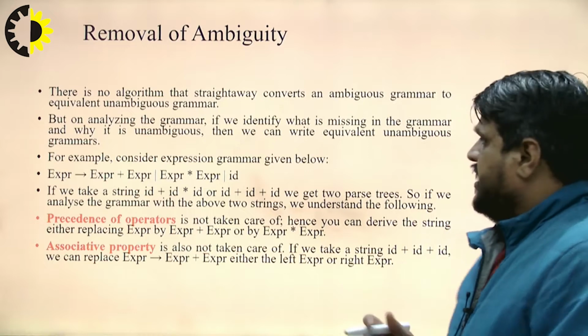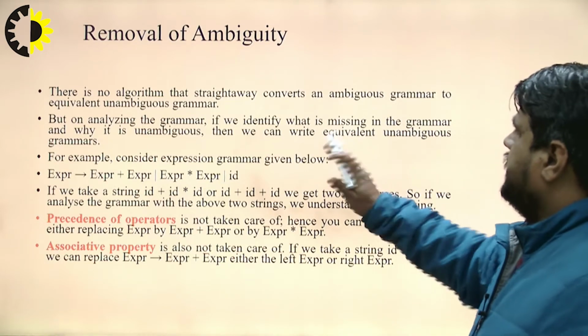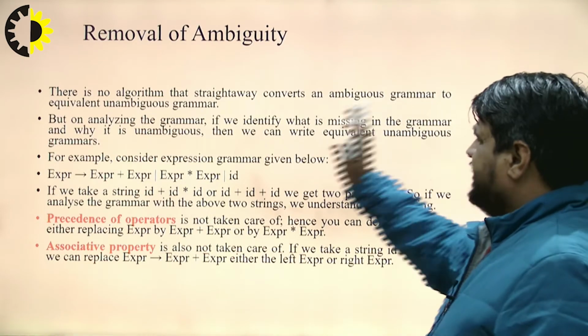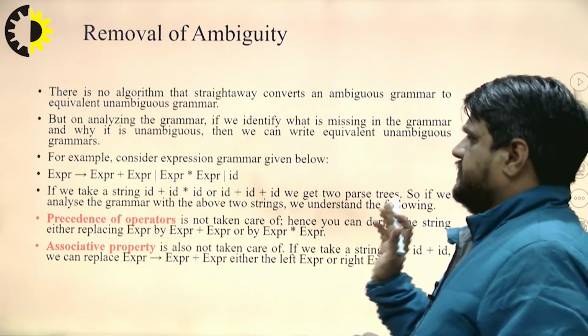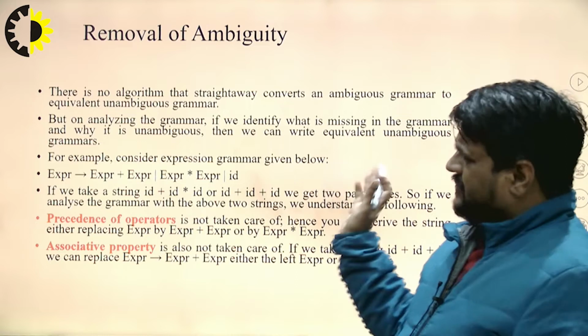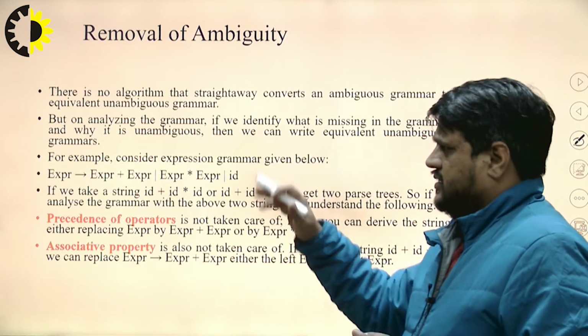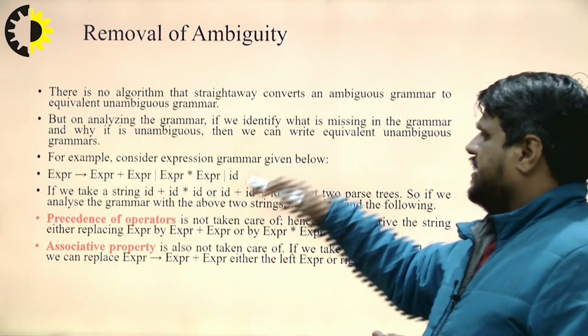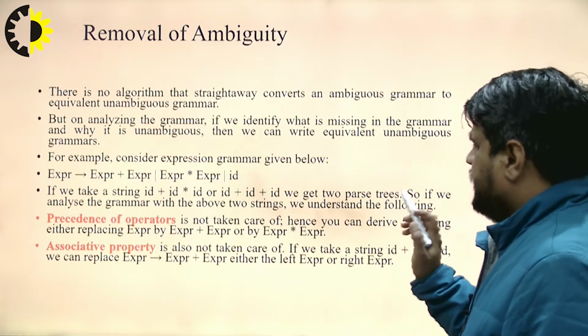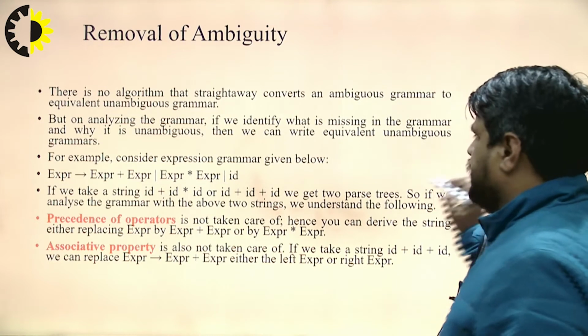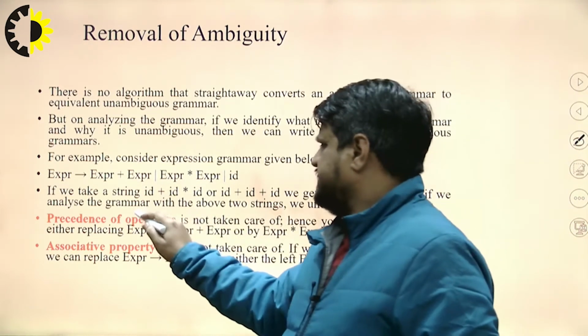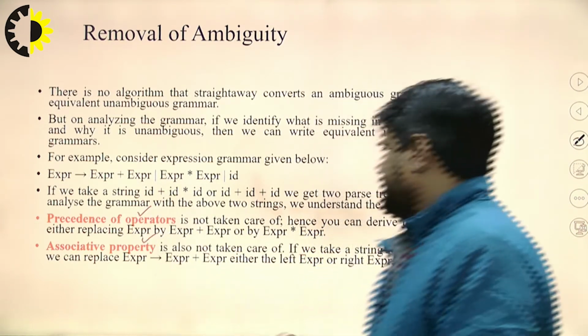So there is no standard solution for all types of ambiguous grammars. Only the expression grammar can be made unambiguous, on the basis of precedence as well as associativity.